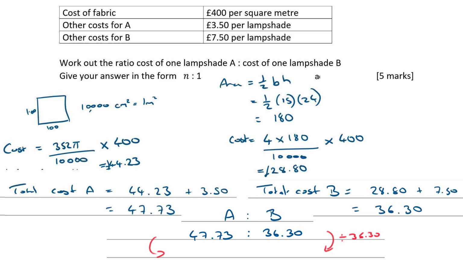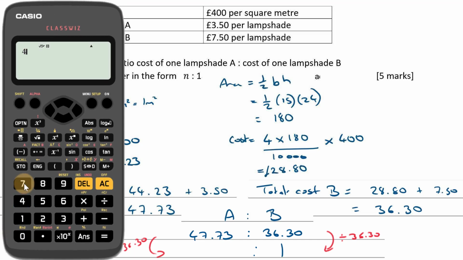Do the same on this side. That will give me 1 on the right, and then on the left I'm going to get 47.73 divided by 36.3, which comes out to 1.31487, and there's a recurring thing in there somewhere.